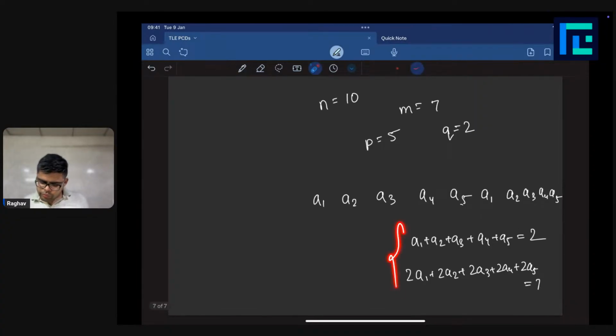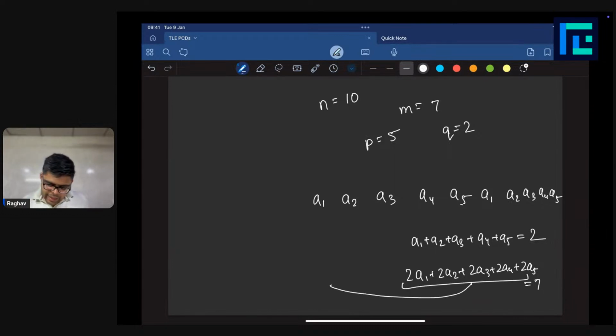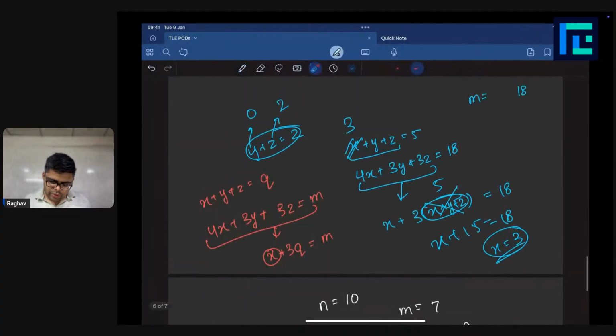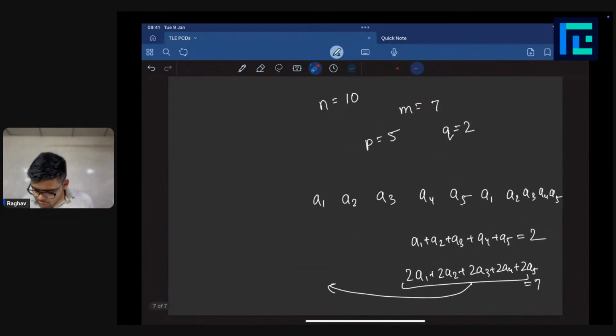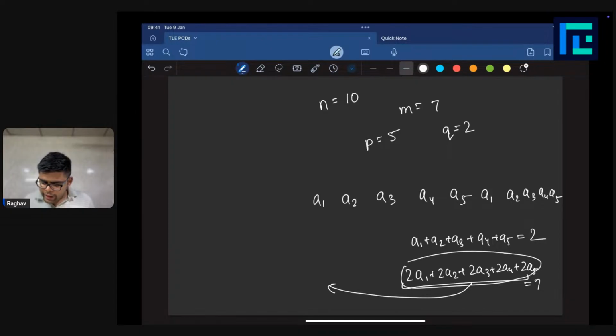So here, in this case, you cannot rewrite it as something like this time, because this equation is basically like this equation. It would be written as 2q equal to m this time, right?